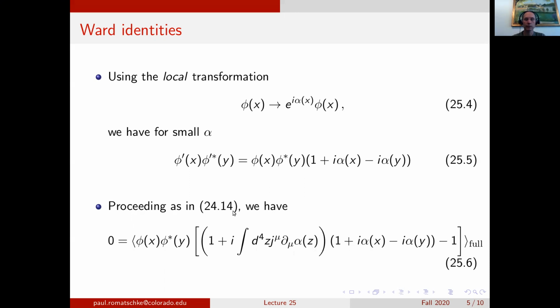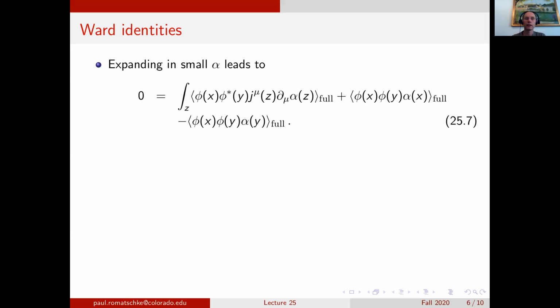That's the same as in equation 24.14 in the last lecture. And then the variation of the primed fields, which is just the result written in equation 25.5 here, and the whole thing minus 1 from the original expectation value.